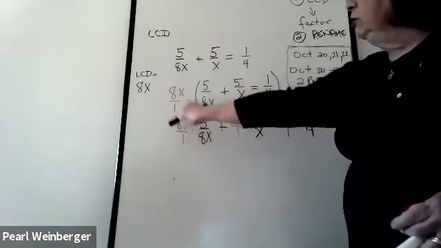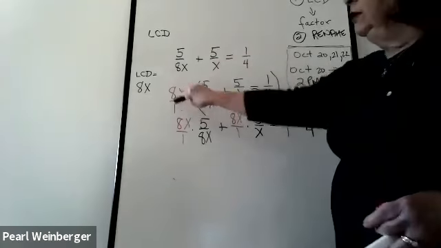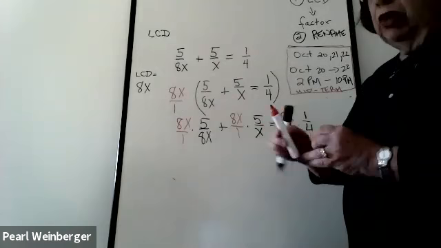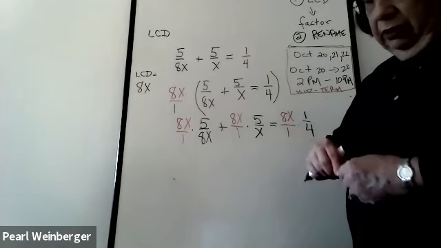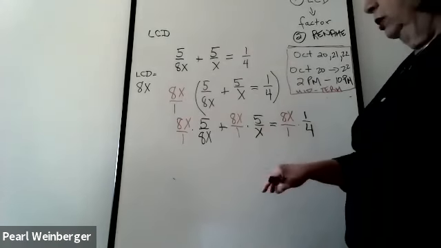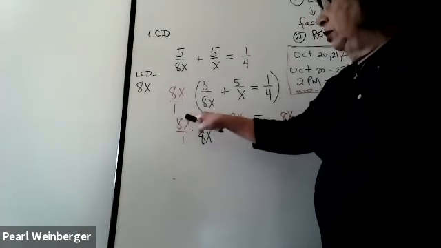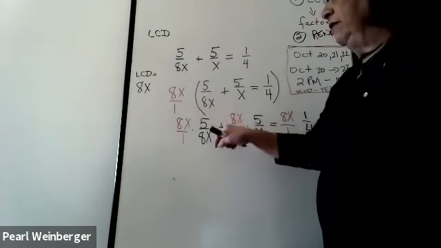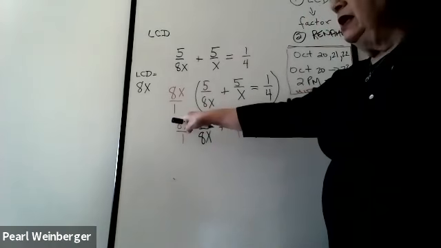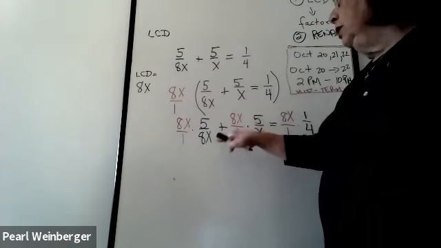So we're going to distribute this common denominator to all of the different terms in the equation. Now remember, when you're multiplying fractions, you can cancel out numerators with denominators.